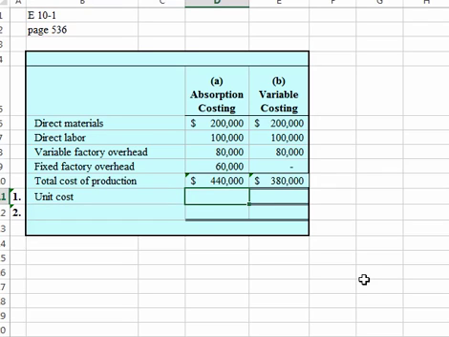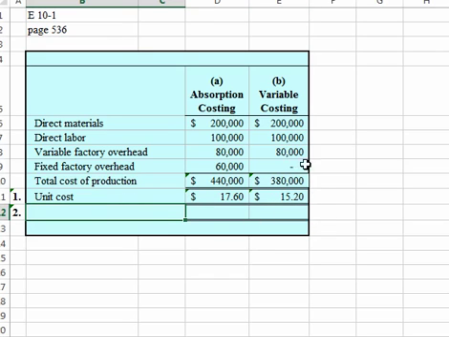Well, now we're just going to divide $440,000 divided by how many units were produced, 25,000. So we get $17.60. Then we've got 380,000 divided by 25,000 units produced. Gives us $15.20 unit cost under variable costing.